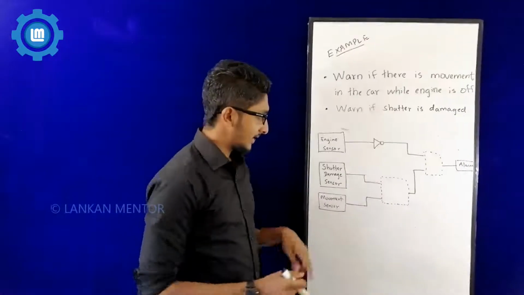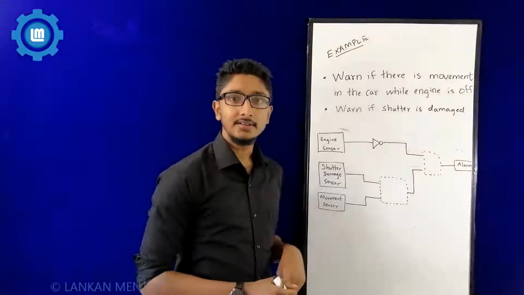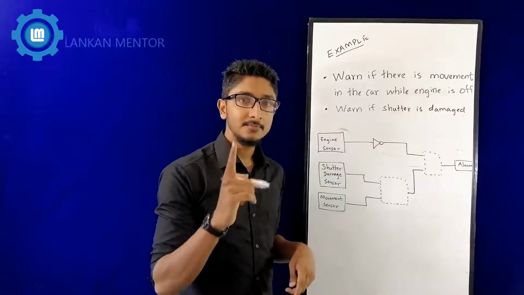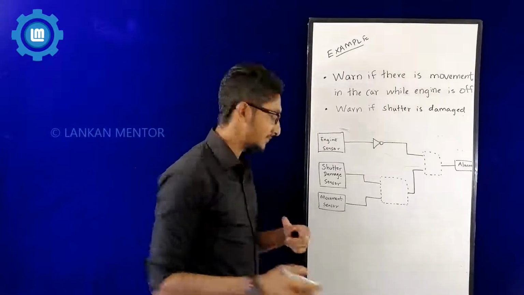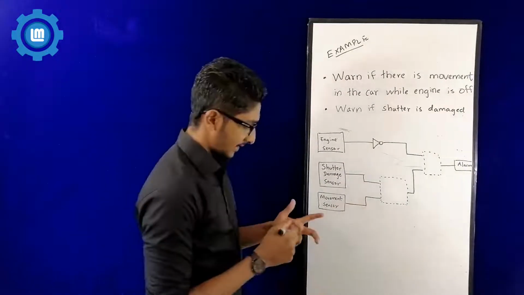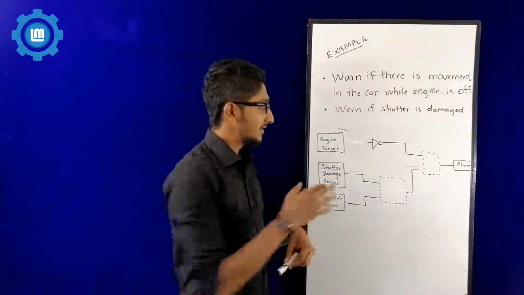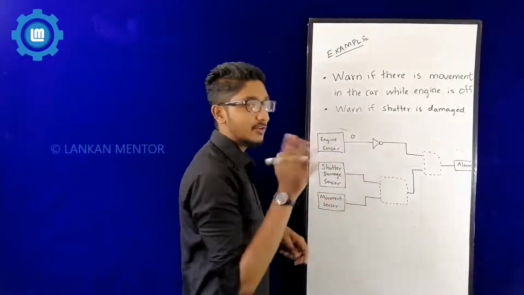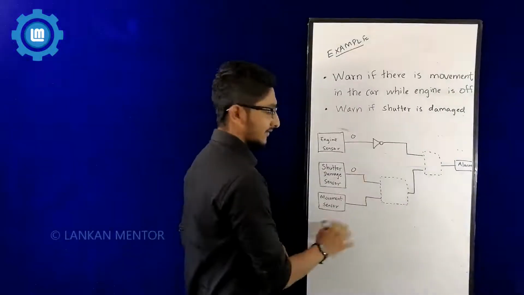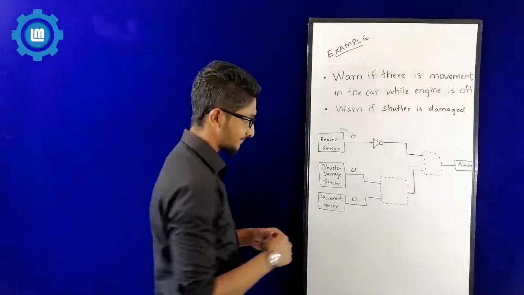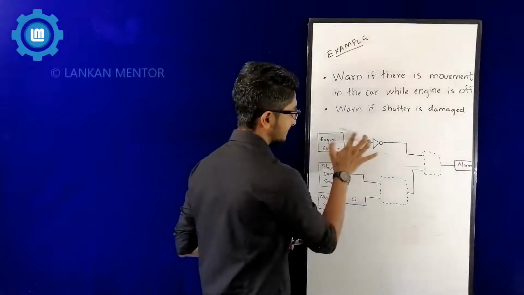Right. And the movement sensor. If the vehicle is moving, that sensor will become 1. Just like that, the same opposite. If the engine is off, it is 0. If there is no damage, it is 0. If there is no movement, it is 0. Okay.